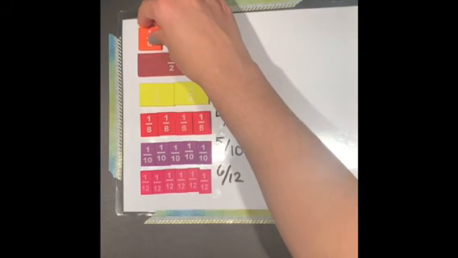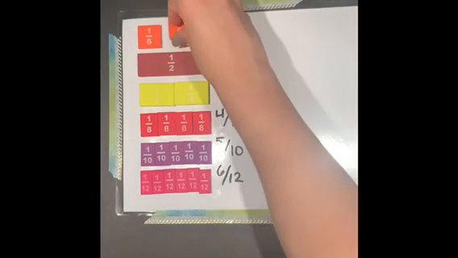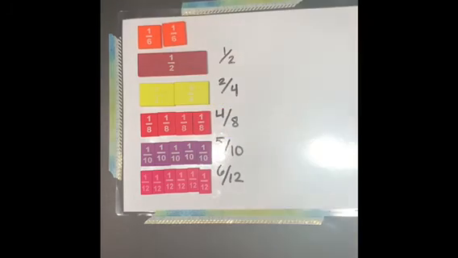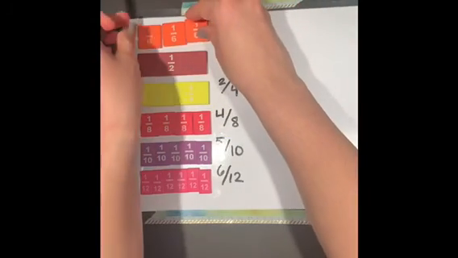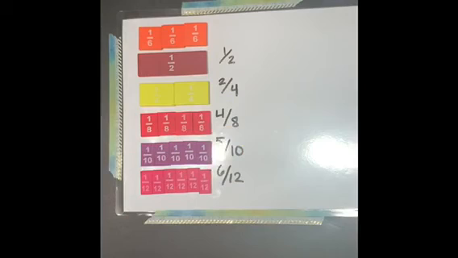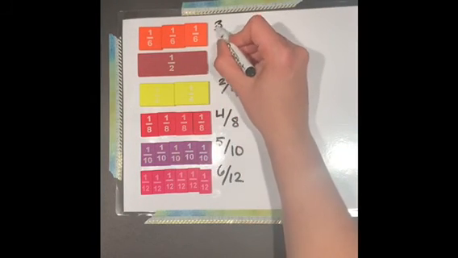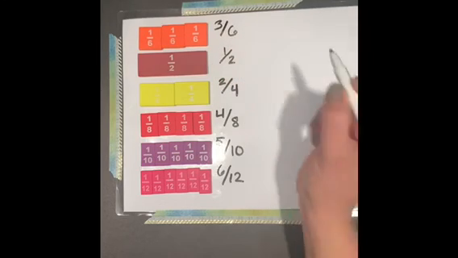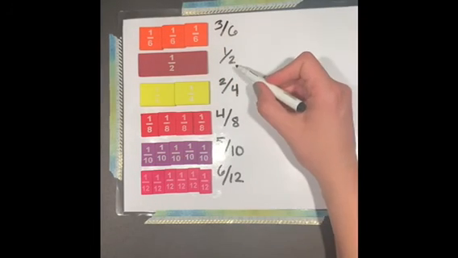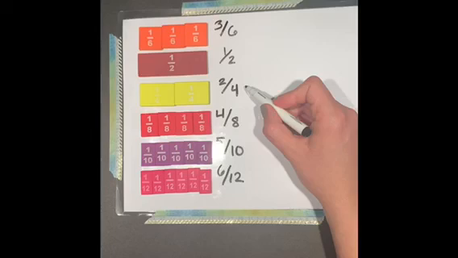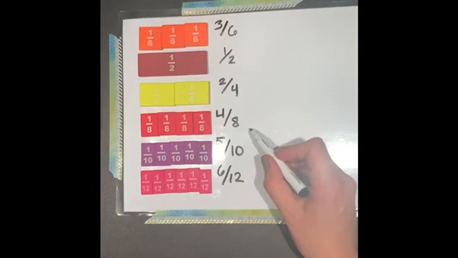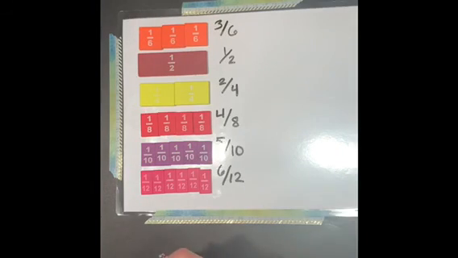We have 1/6, 2/6, that's still too small. If we put one more 6, it does look equivalent. So that tells us that 3/6 is equivalent to 1/2, 2/4, 4/8, 5/10, and 6/12.